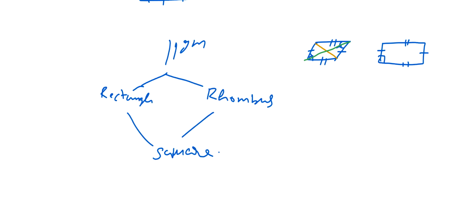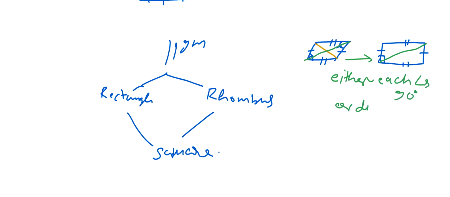There are two situations for a parallelogram to be a rectangle: either each angle is 90 degrees, or the diagonals are equal. Sir, in a rectangle, diagonals are not equal?